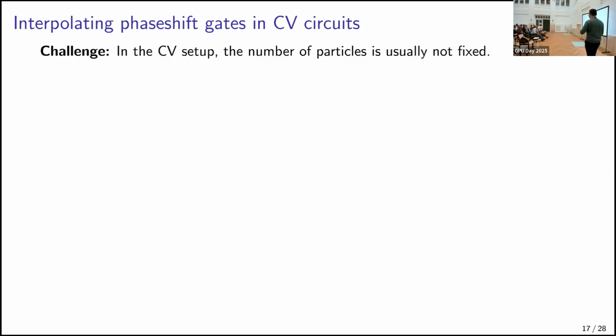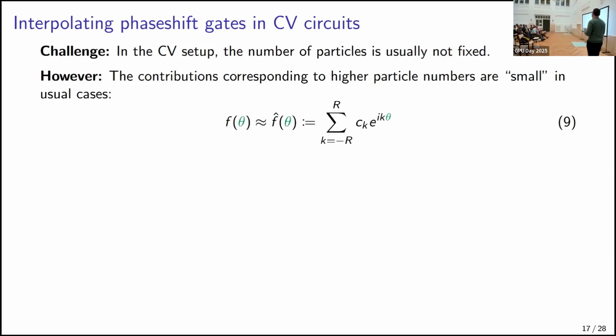So the previous approach won't work, but we can argue heuristically that the contributions of higher particle numbers are small in usual cases. So what you will see in your function is that there are multiple higher frequency parts there, but the amplitudes of the higher frequencies are generally small.